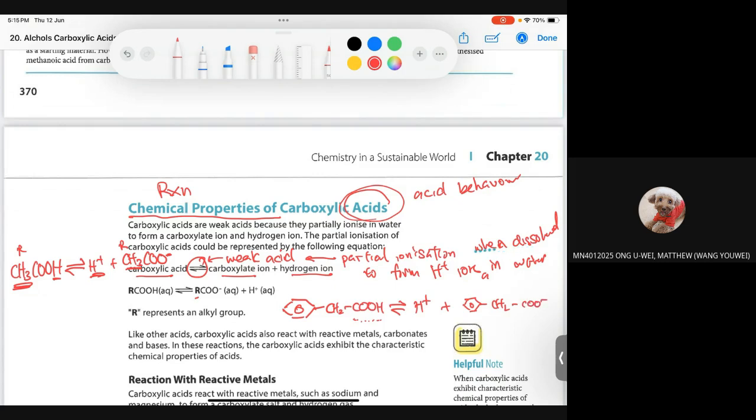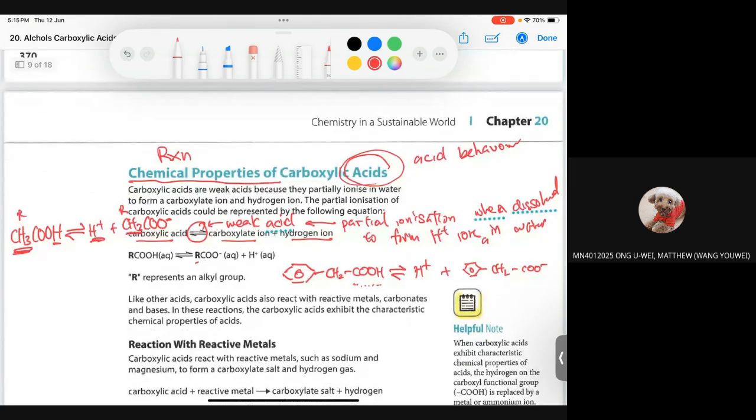Okay. So I hope you can see how this dissociation works. It's really the H plus from the COOH that comes out. The remaining part of the molecule stays the same with a minus on the O there. Okay. So take note of this acid dissociation.